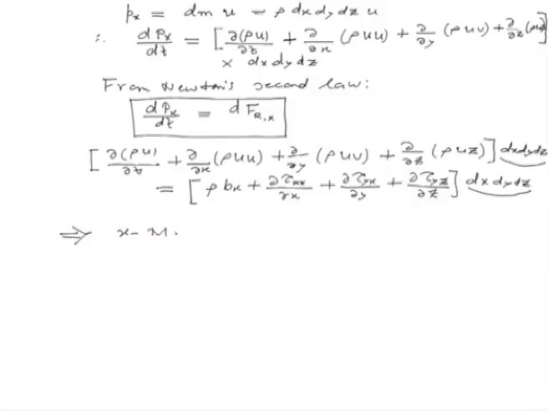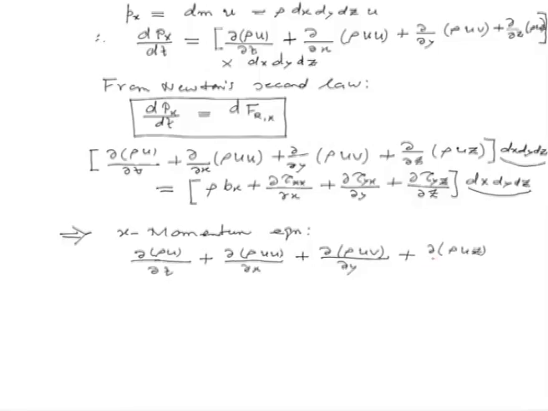Del rho u by del t plus del of rho uu by del x plus del of rho uv over del y plus del of rho uw over del z should be equal to rho bx plus del tau xx over del x plus del tau yx over del y plus del tau zx over del z.